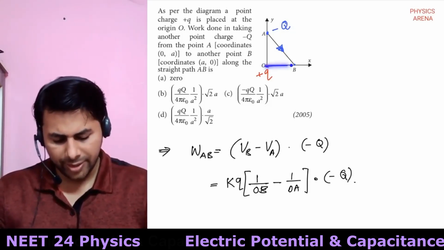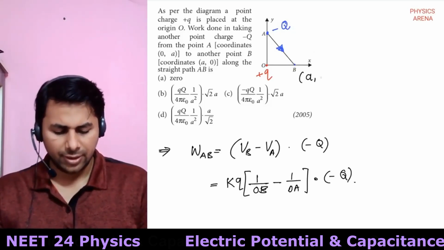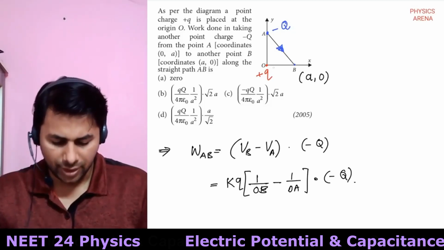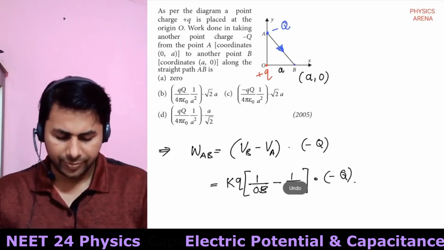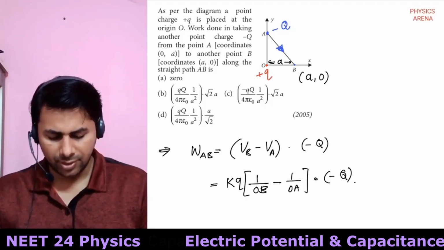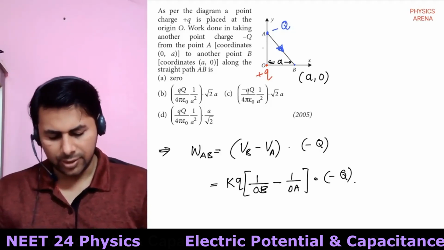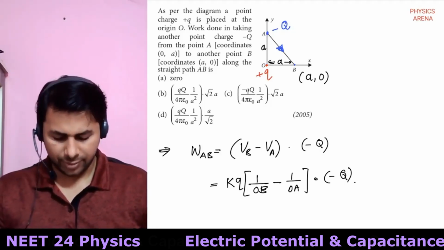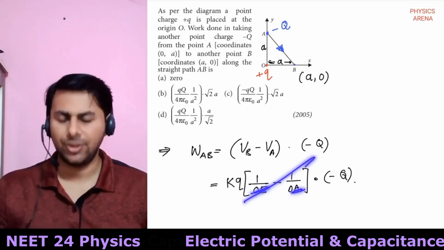So how much is OB? What are the coordinates of this point? A, 0. So how much is this distance? This is x coordinate A, right? This distance is A. How much is OA? It is also A. So this is A, this is also A. That means this thing is 0.